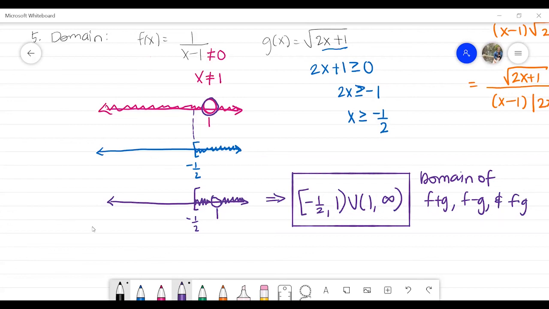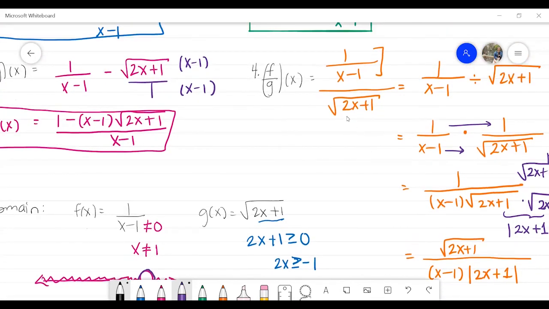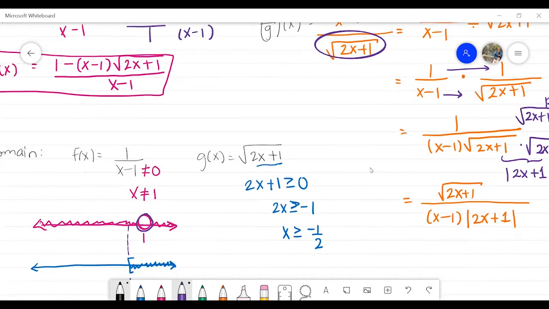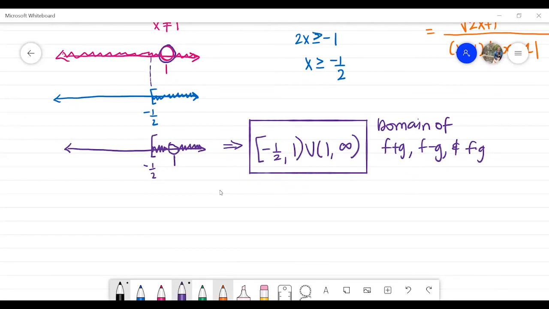To go the extra mile for our division, we need to make sure that we are not equal to 0 in this denominator function right here. So again, we build off of the work we just did. We don't have to throw it away. It's still useful. We just also say the denominator cannot be 0. So if we're building off of this purple picture right here, our denominator function was square root 2x plus 1, and this cannot be 0, right? So if a square root is 0, then that means the radicand has to be 0, right?